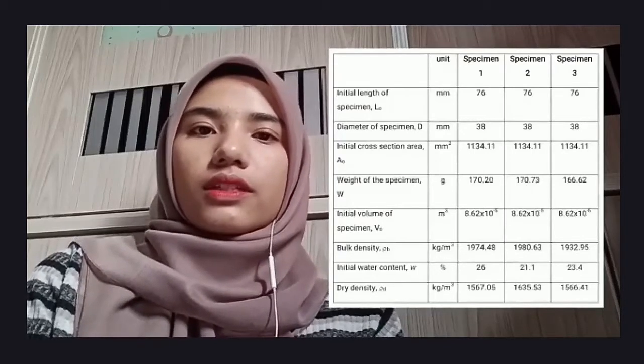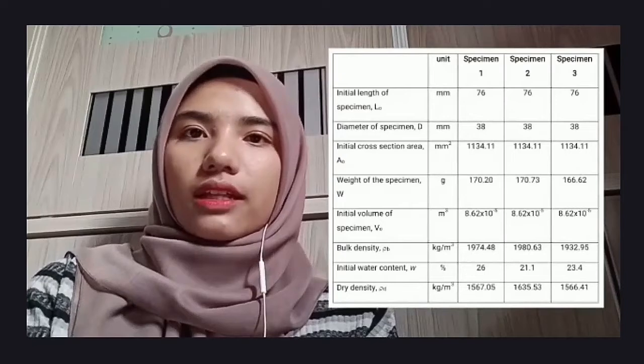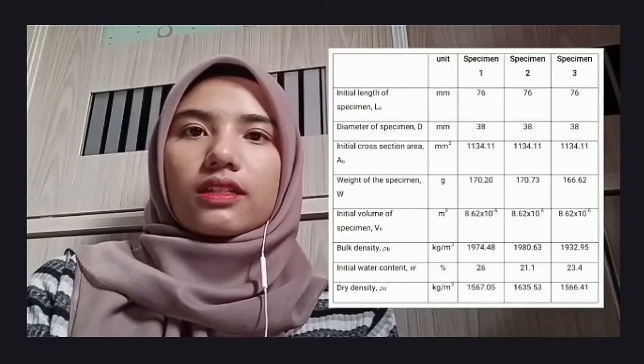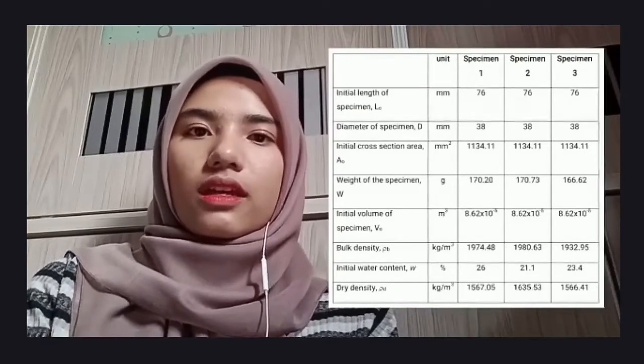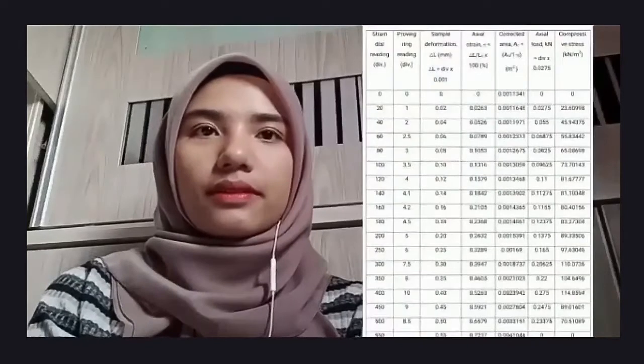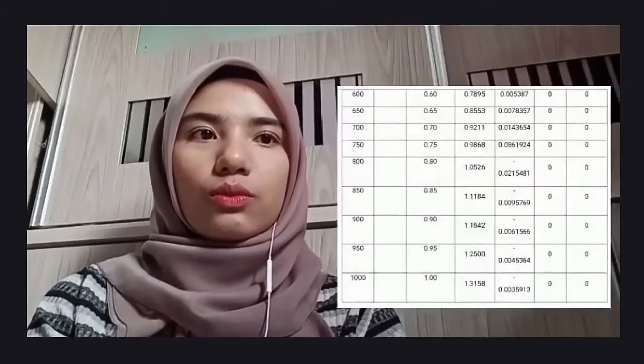And from the table, we can calculate the bulk density, initial water content, and dry density for all the specimens. For specimen 1, the table shows the compressive stress increases to 114.8594 and drops until 0.